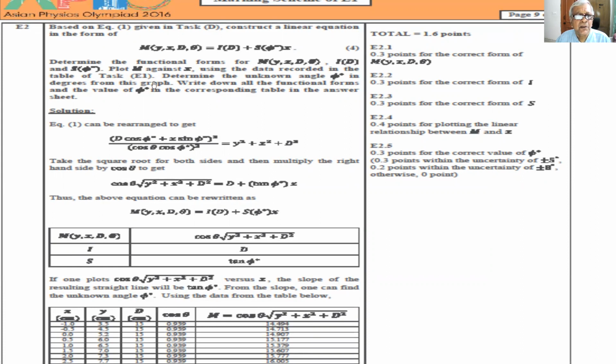With just a little bit of rearrangement, you should be able to find that m, x, y, d is equal to this, and f is this, and s is tan phi. So plot this. If you plot m versus x, then of course the slope will give you s, tan phi, and the intercept will give you fd.